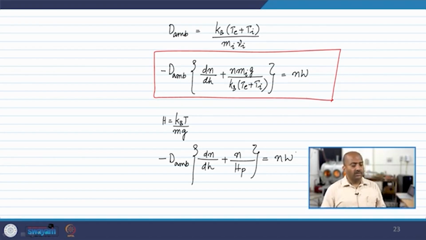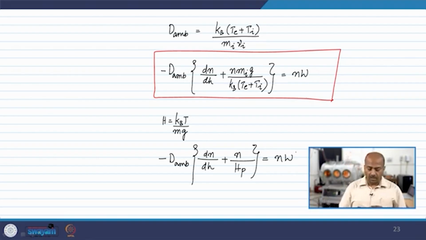So, despite the differences in mass and velocity, both the electrons and ions diffuse at the same rate, which is characterized by the ambipolar diffusion coefficient. This type of diffusion process is known as ambipolar diffusion.